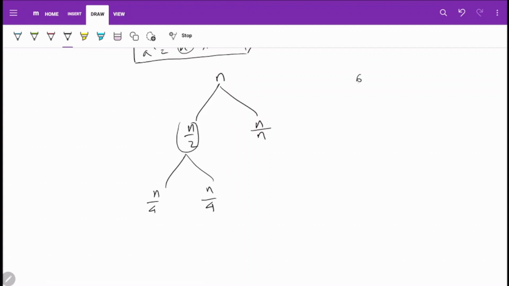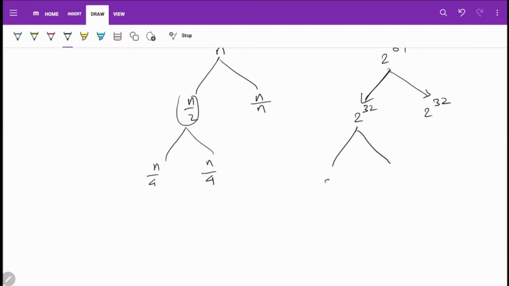If I draw the same tree for 64, it will be 32, 32. 2 to the power 64 will be equal to 2 to the power 32 times 2 to the power 32. Again, I will divide this into 2 to the power 16, 2 to the power 16, and so on. You can see the same thing is coming on this side also.